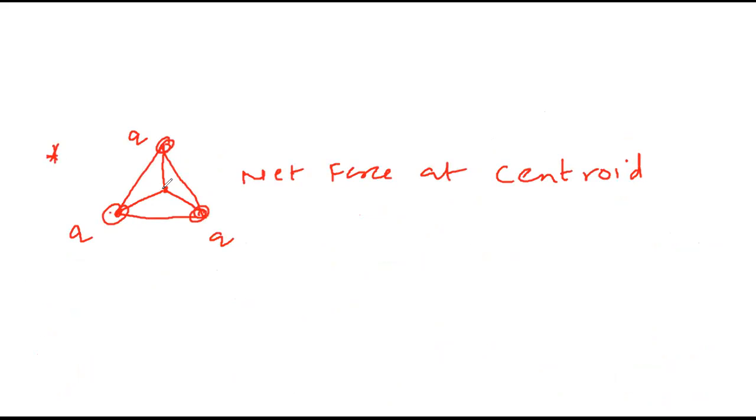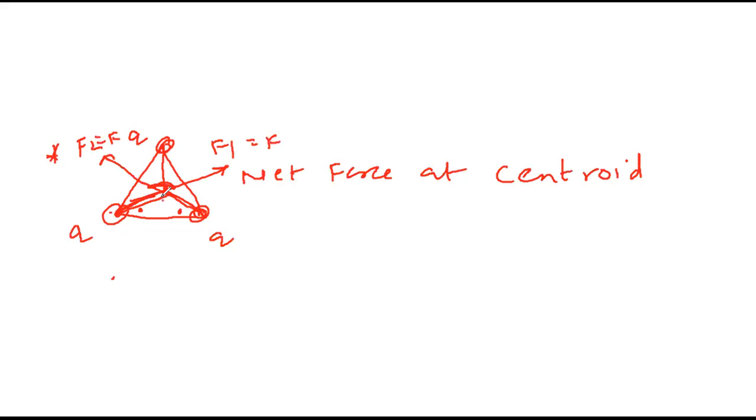Because this will be a force of repulsion. If I consider a unit positive charge, this will be force F1. This is another force, suppose F2. Result of two equal forces with an angle of 120 between them. See, this is the bisector, correct? So this is 30, this is 30.